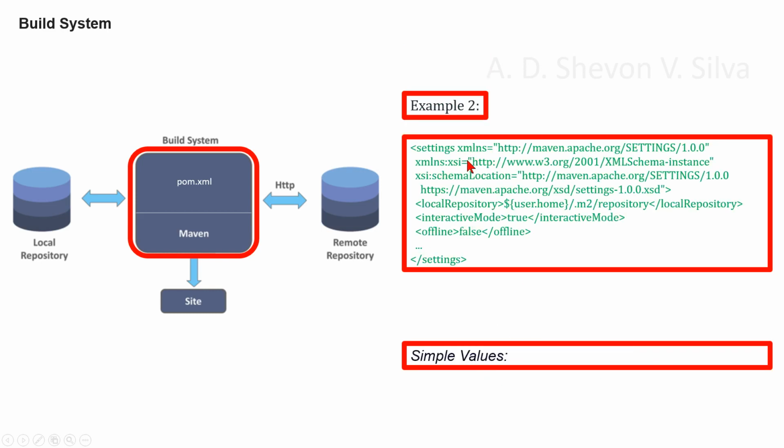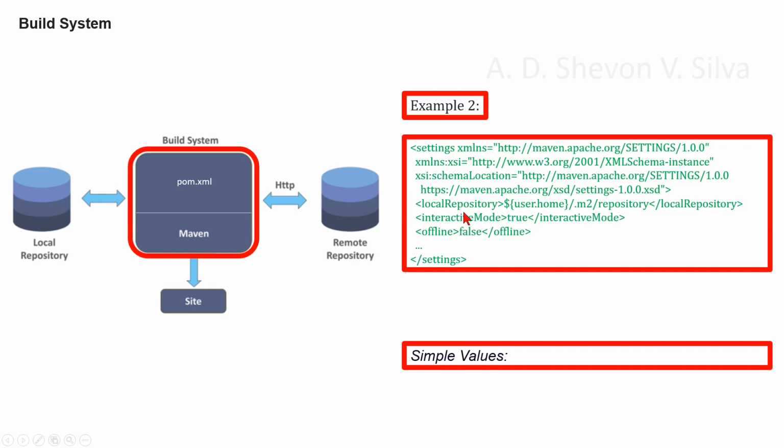Now we are considering simple values. Half of the top level settings elements are simple values representing a range of values which describe elements of the build system that are active full time.